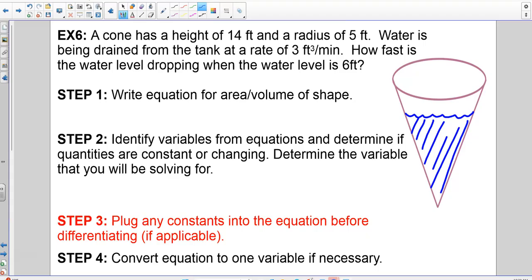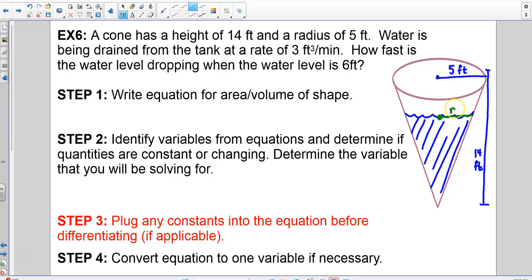So in this case, the radius of this tank is 5 feet. And the height of this tank here is 14 feet. But the radius of the water level, is it equal to 5 feet?